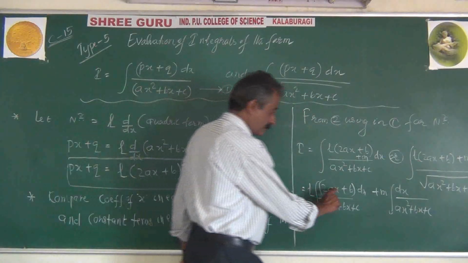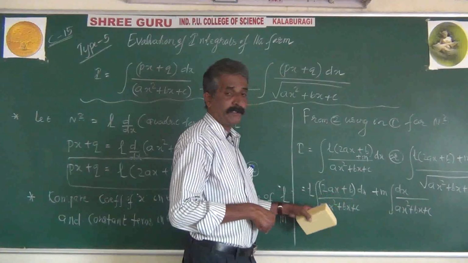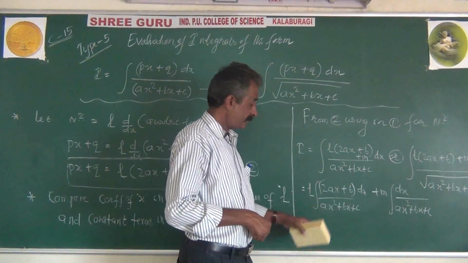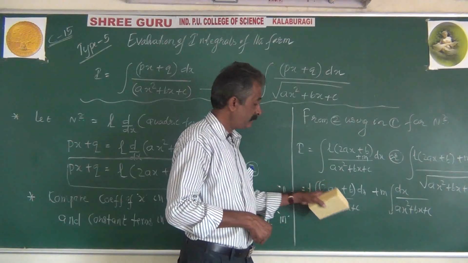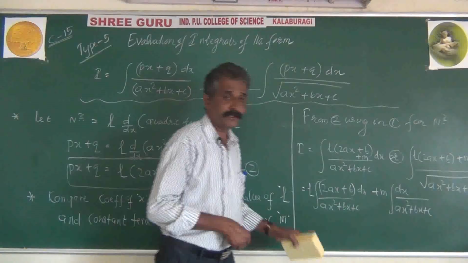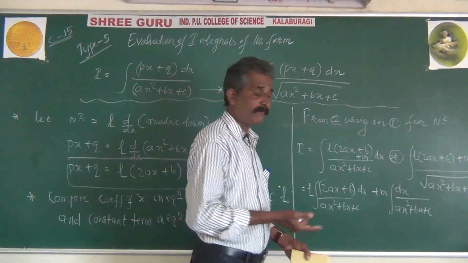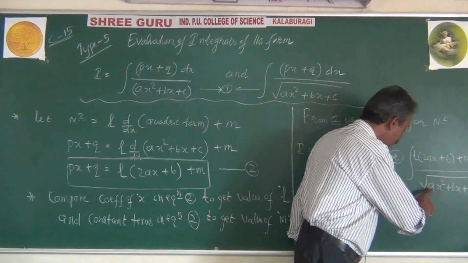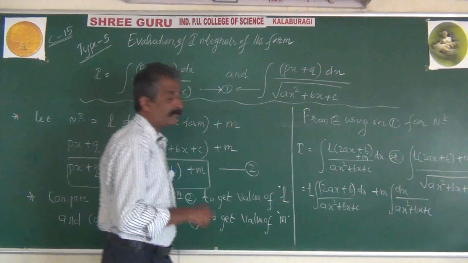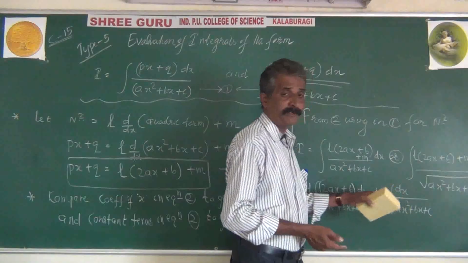This first one is exactly in the form of f dash x divided by f of x, because the differentiation of ax square plus bx plus c is 2ax plus b, so it is in the form of the integration of f dash x by f of x, whose answer is log of f of x. Whereas this integration can be evaluated by the type 4 method, the method of completion of square.